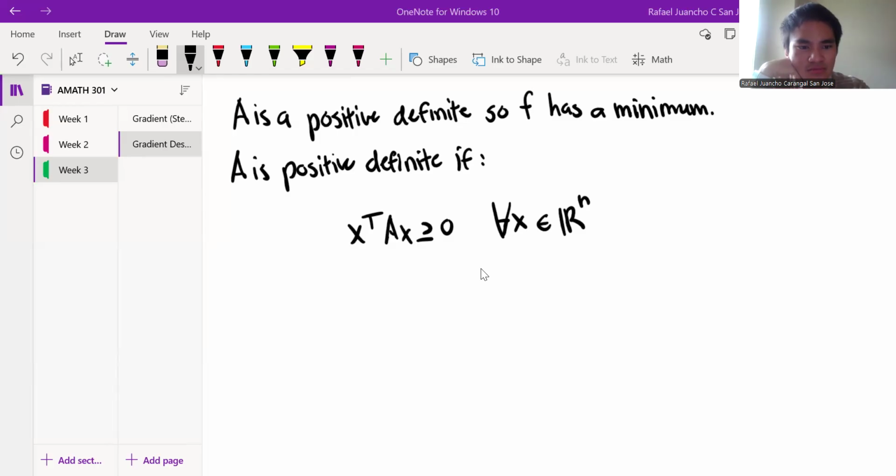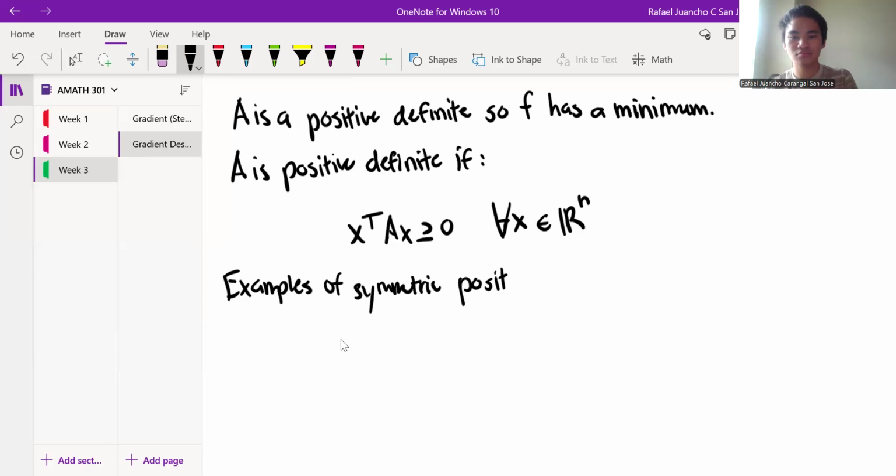Yeah, not super sure, but I should be fine. Okay. Let's look at some examples of these. We're going to look at symmetric, positive, definite. SPD.